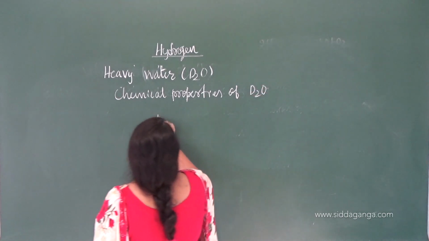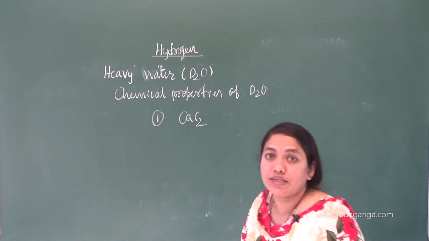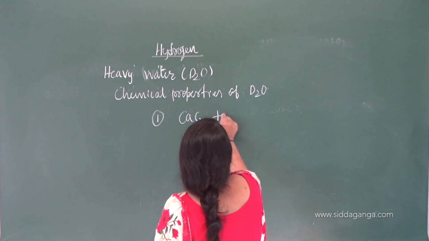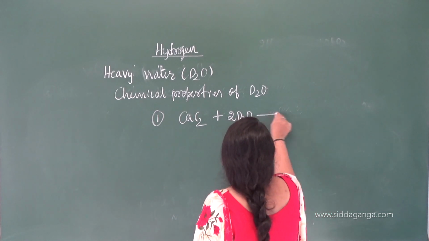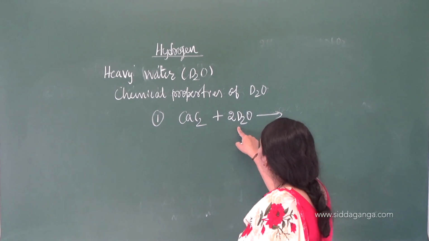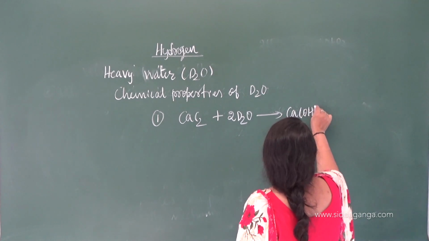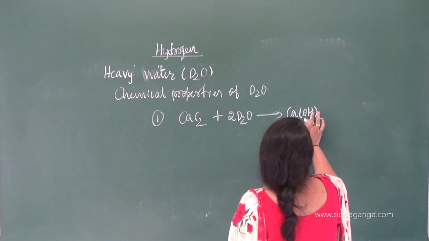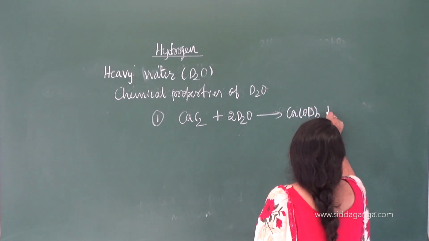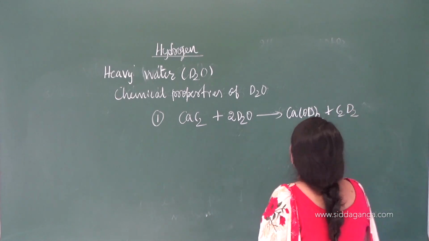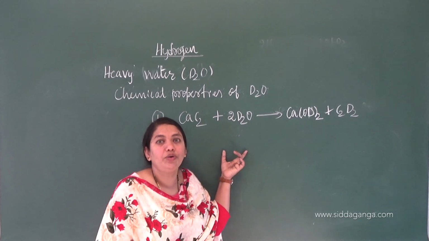If you take the first one, whenever calcium carbide, CaC2, is made to react with deuterium oxide, just like H2O, here it is D2O, what you are going to get is calcium deuteroxide, Ca(OD)2, sorry, not H, it is D, along with the formation of C2D2. You will learn the preparation of this reaction in hydrocarbons.